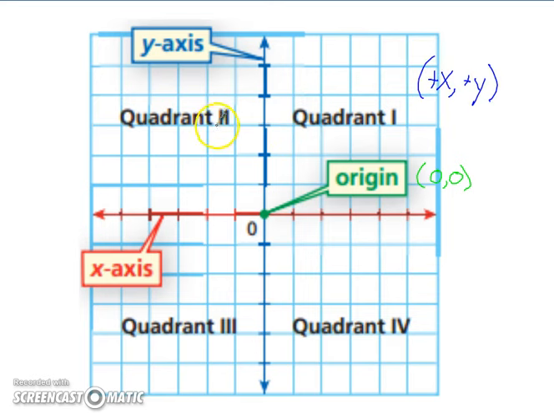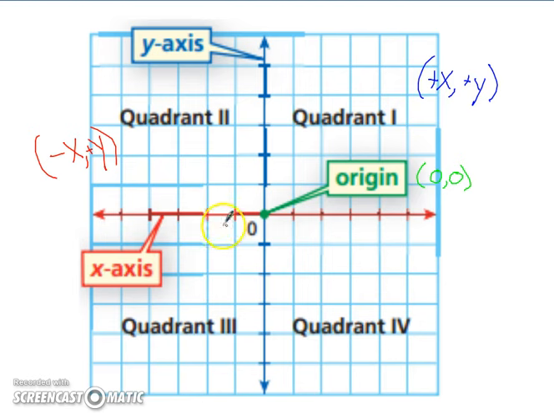Going to quadrant 2, counterclockwise here. Quadrant 2, your x values, since it's to the left of 0, are going to be negative. And your y values will be positive since we're still going above 0. We're going above our origin. Let's look at quadrant 3.